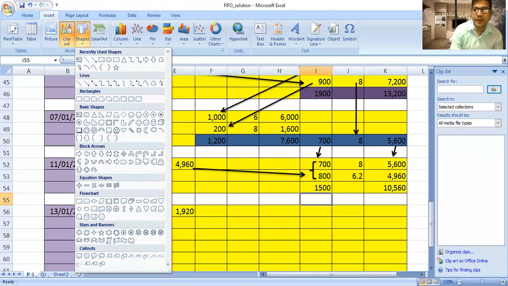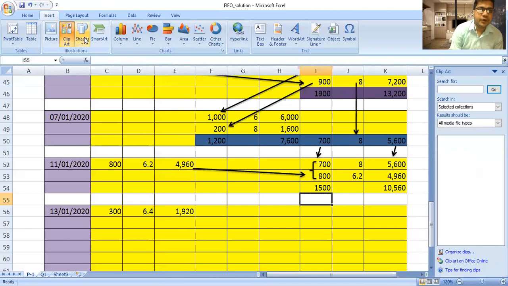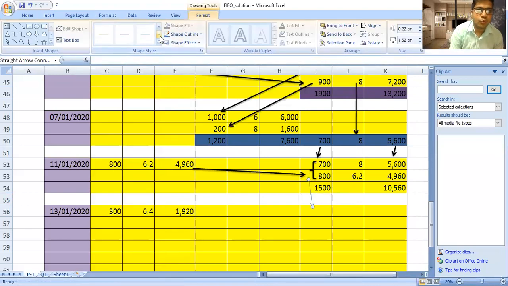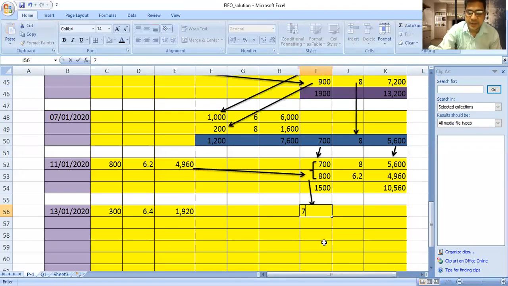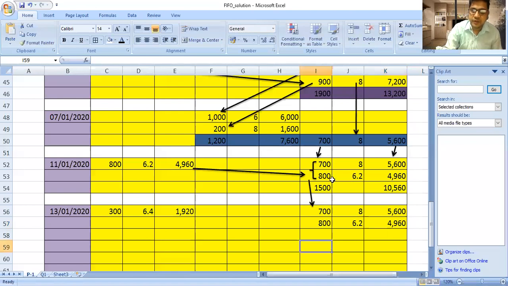These things you have to keep in mind. The same things we have to continue for the next day also. It means what do we have to carry forward? 700, their rate is 8, their value is 5600. Then 800 units, their rate is 6.20, and their value is 4960. We have to carry forward for the next day also.